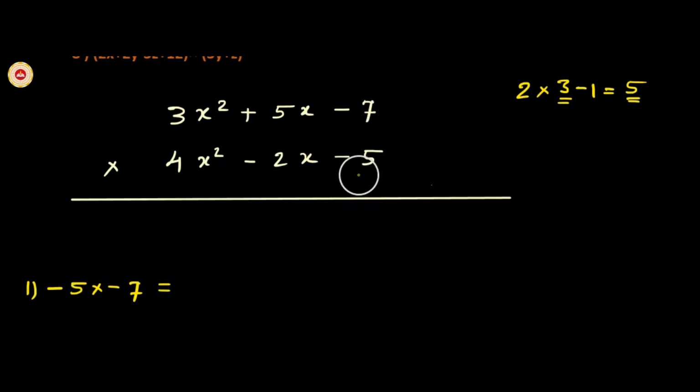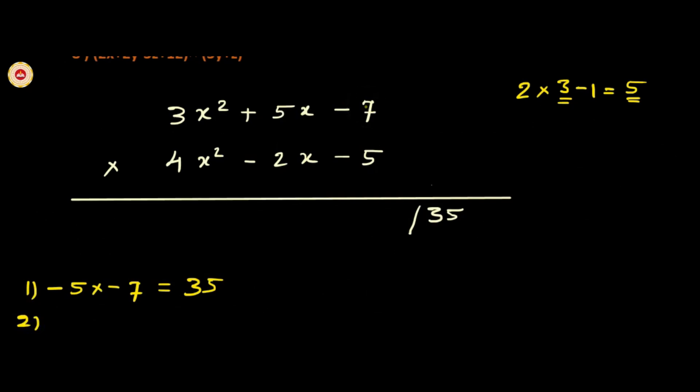So multiplying the digits or terms in this column vertically. So minus 5 multiplied by minus 7. How much? Plus 35. Write 35 in the rightmost part, first part from the right side. Draw a slash.